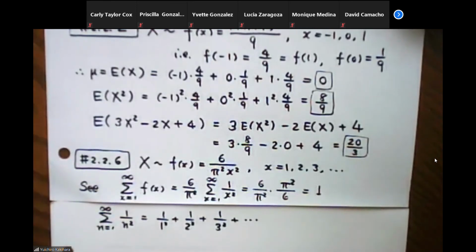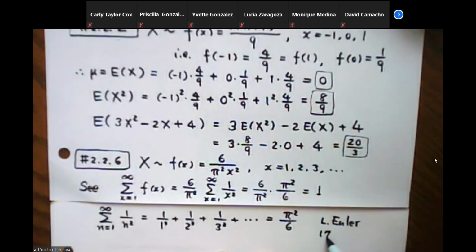This was first derived by Euler. Euler is an 18th century mathematician, and he was the first to find this sum. This sum is pi squared over 6. And that's what he did, pi squared over 6. Due to Euler, Leonhard Euler.